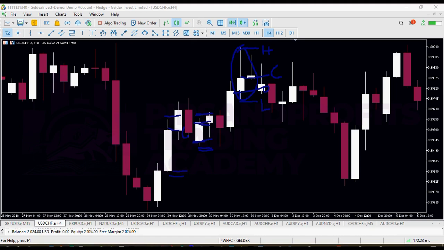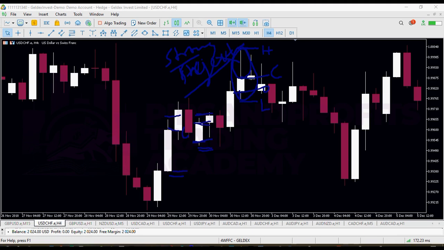However, when they got to the higher level, price was rejected. A very strong rejection. That candlestick is saying that there was a very strong rejection by the bears.